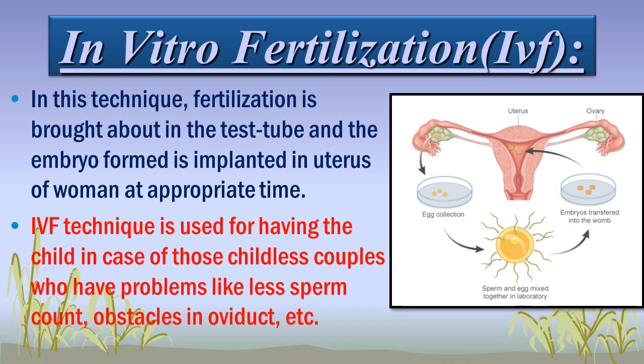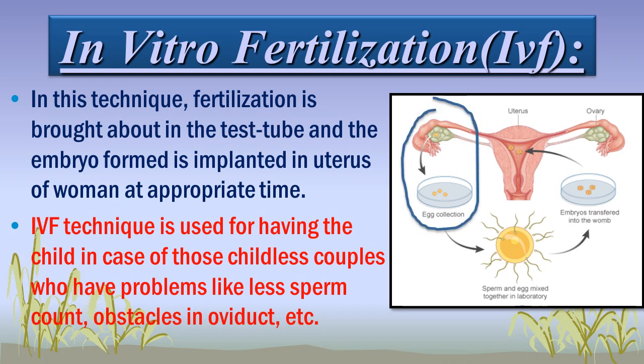So students, in a male with a less than normal sperm count, or if there is an obstacle in the oviduct, that means the oviduct might be blocked or there is some other problem in the oviduct, then this technique, in vitro fertilization, can be used.